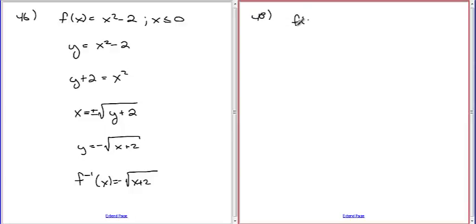48: f of x equals negative 2 over x. So we say that's equal to y. So we get y equals negative 2 over x. What I'm trying to do is solve for x, so let's switch x and y. So you get x is equal to negative 2 over y.